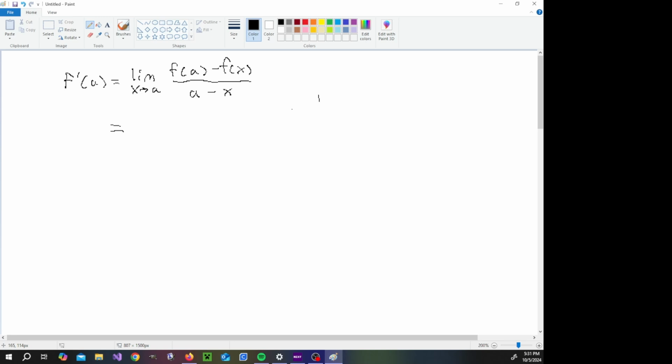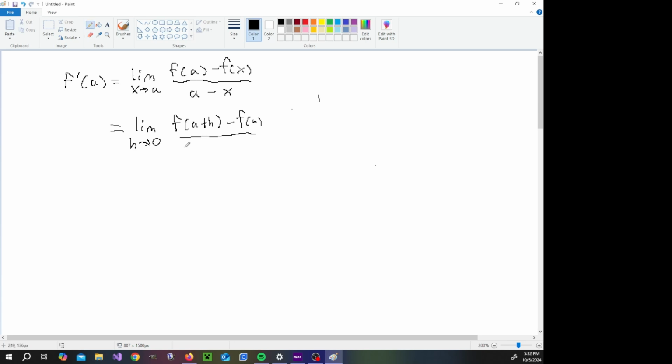And then there's the other consideration where instead of having two variables, x and a, where one is getting close to the other, we also just set this up to be the limit as h goes to 0 of f of a plus h minus f of a over h.